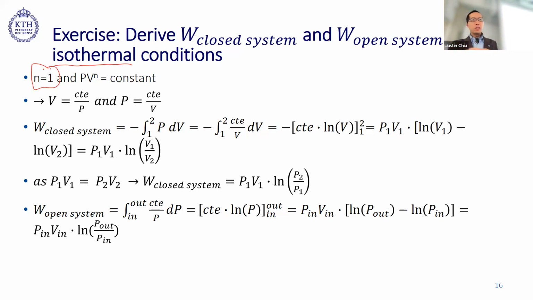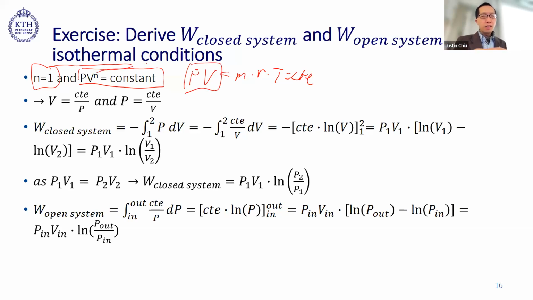This is because PV to the power of n is always equal to a constant. And you know that PV for ideal gas law equals mRT is a constant. That means PV to the n is equal to PV. This means n is equal to 1, right? So in this case, it's very simple.